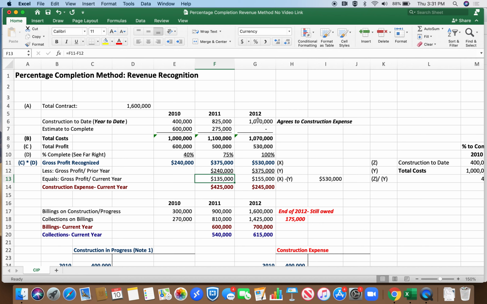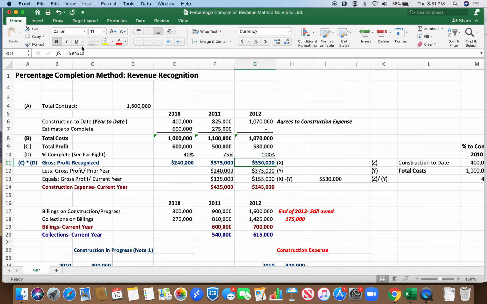Okay, one more. We get all done in 2012, and we spent $1,070,000, and that agrees to our construction expense. The profit, again, we're only billing 1.6. We're assuming there have been no change orders that increase the price that we're charging the client. 530,000, we're 100% complete.